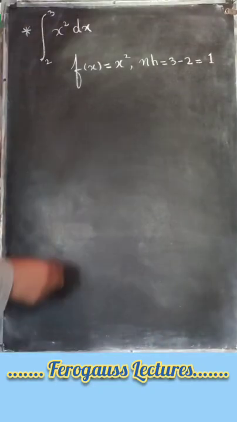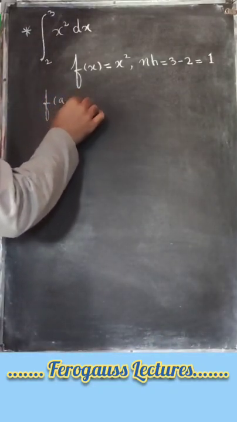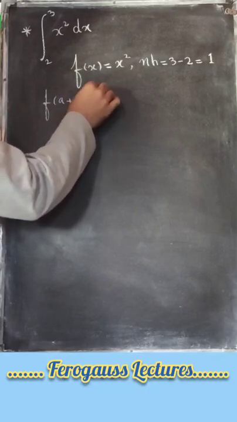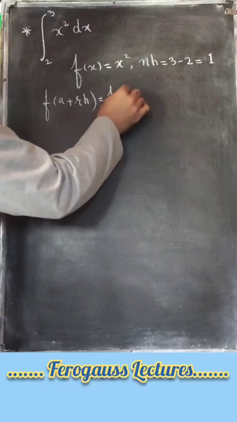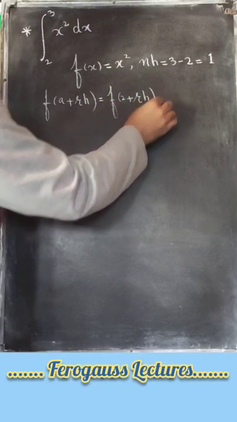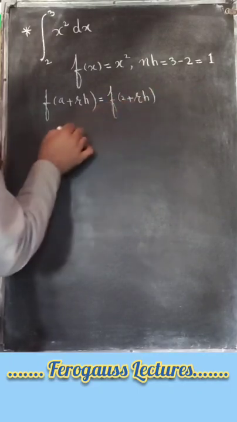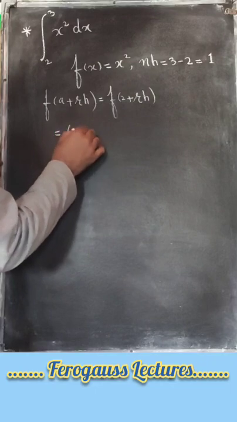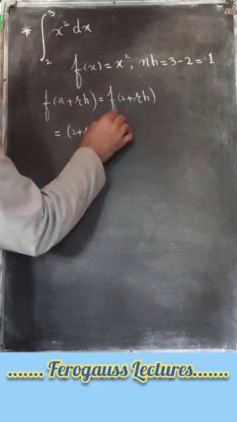Okay. Also, f of a plus rh, where a is the lower limit, in this case it is 2, so we can write f of 2 plus rh. Now we replace x by 2 plus rh, so we get (2 plus rh) square.